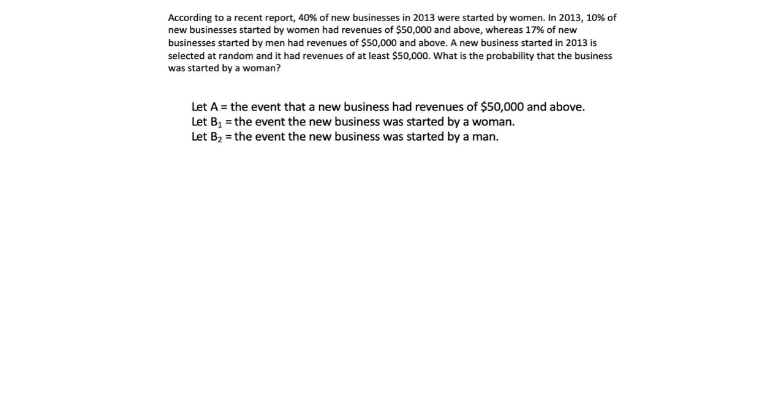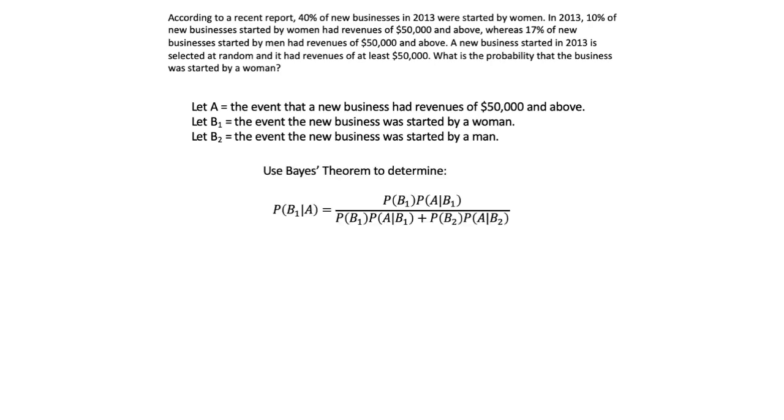We'll let A be the event that a new business had revenues of 50 grand and above, and B1 be the event that new business was started by a woman, B2 the event the business was started by a man. Using Bayes' formula, we're going to find the probability of B1 given A. Probability of B1 is 0.4, so the probability of B2 is the complement of that, or 0.6.